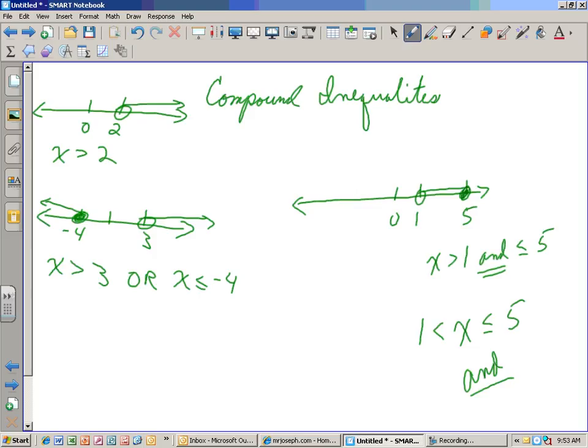And if you look at something like this, what we're looking at is the word or.